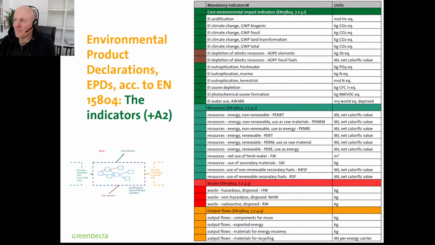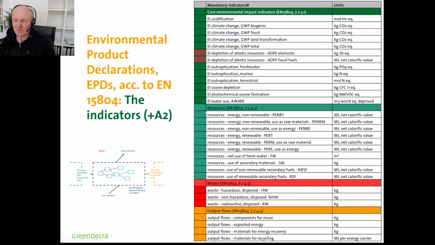Here are the A2 indicators. Here in this green, the core environmental indicators are acidification, climate change in now different versions, so biogenic and so forth. And then this, what I made here brown, is abiotic depletion for fuel and mineral or material elements, and then freshwater eutrophication and so forth.